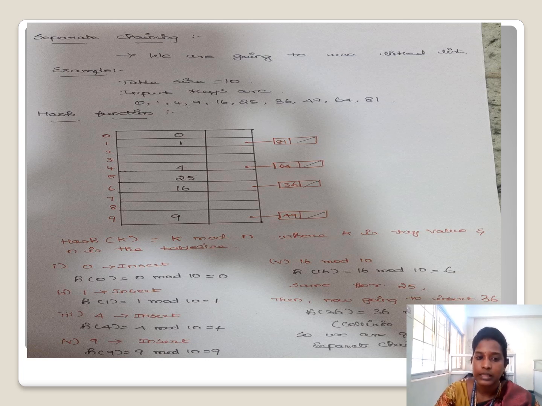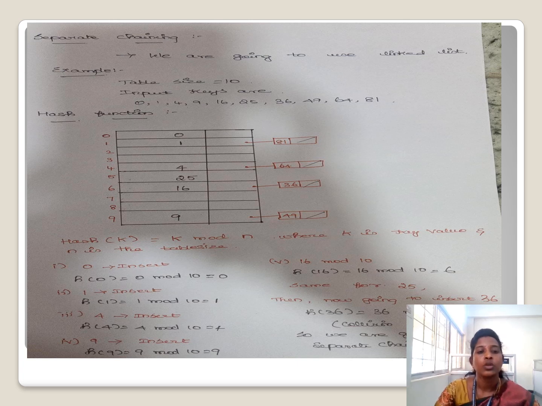Let me solve one example of separate chaining. The given table size is 10, and these are the input keys, ten values in all. We are going to insert these keys into particular indexes so that we can search and retrieve the data whenever we need it.